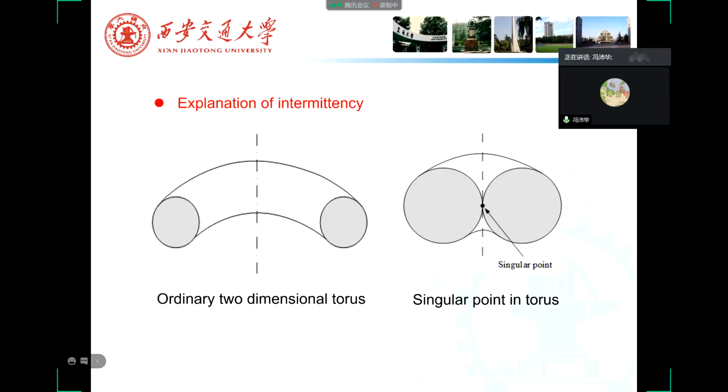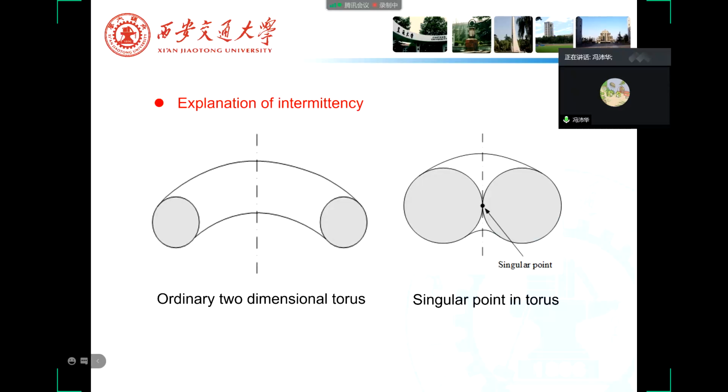Here, we provide a special theory to explain this onset of the chaotic motion from the quasi-periodic motion, by onset of singularity in torus.